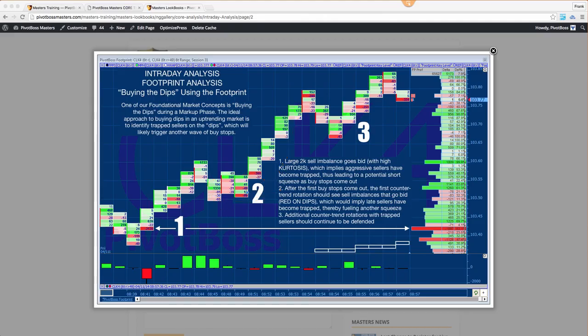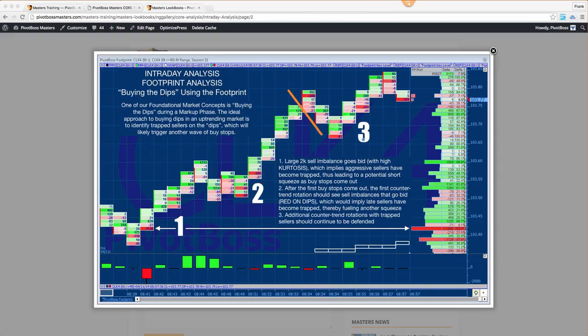Because again, when you're thinking about 90 contracts short, 50 contracts short, 400 contracts short, plus all this, and price is not going down, that tells you that a larger passive buyer with limit orders is absorbing all of that supply. And if these sellers don't get paid, they leave the market as buyers, and the buy stops will come out. And that's what leads to this move up.